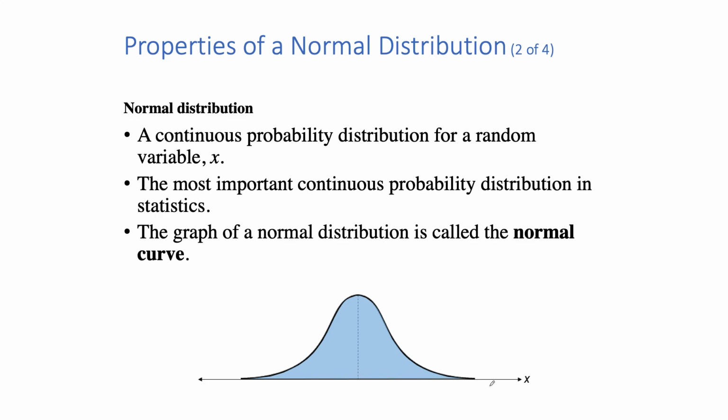Here x is the random variable, and x can take any of these values on this number line, and there's an infinite number of points on this number line. It's the most important continuous probability distribution. And this curve that I've drawn here, this bell-shaped curve, we'll talk about its properties in just a second. The curve of a normal probability distribution is what we call a normal curve.